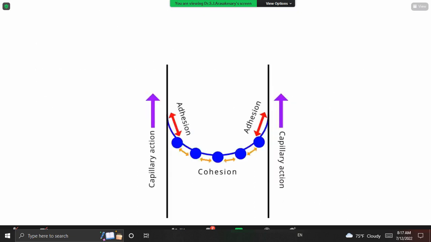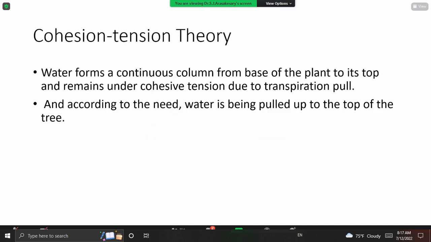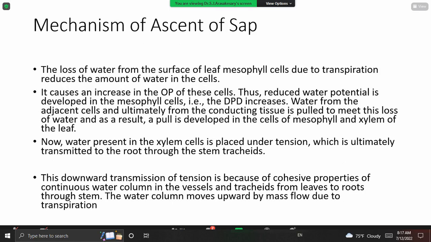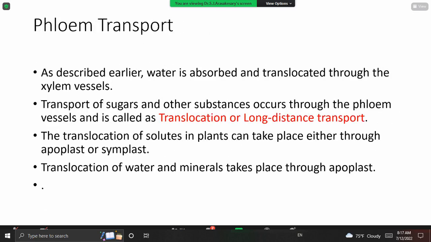Then cohesion tension theory is the most accepted theory. Flow and transport, there are 2 methods, symplast and apoplast. Apoplast is due to dead parts of the plant. Symplast is due to the living parts of the plants.